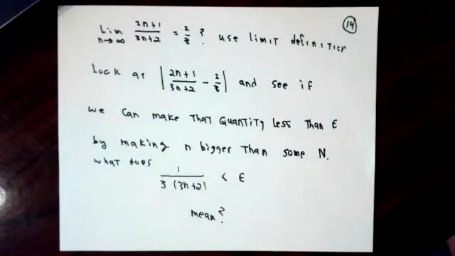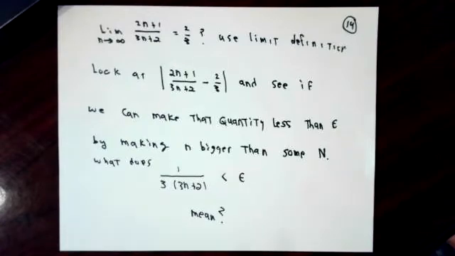I want to go back to my example before. We think that the limit as n tends to infinity of 2n plus 1 over 3n plus 2 is 2/3. I want to use the limit definition to convince myself of that.